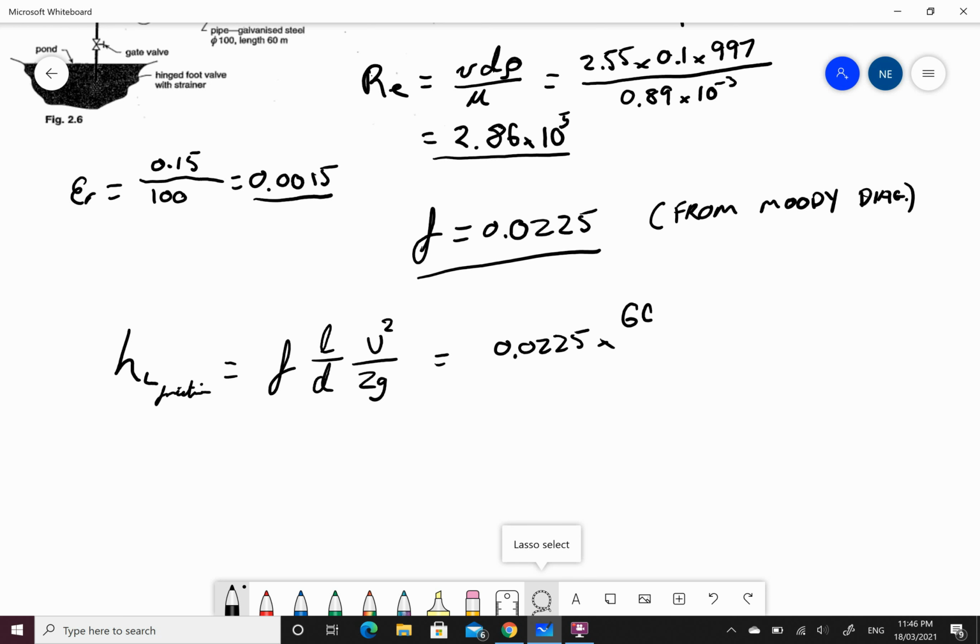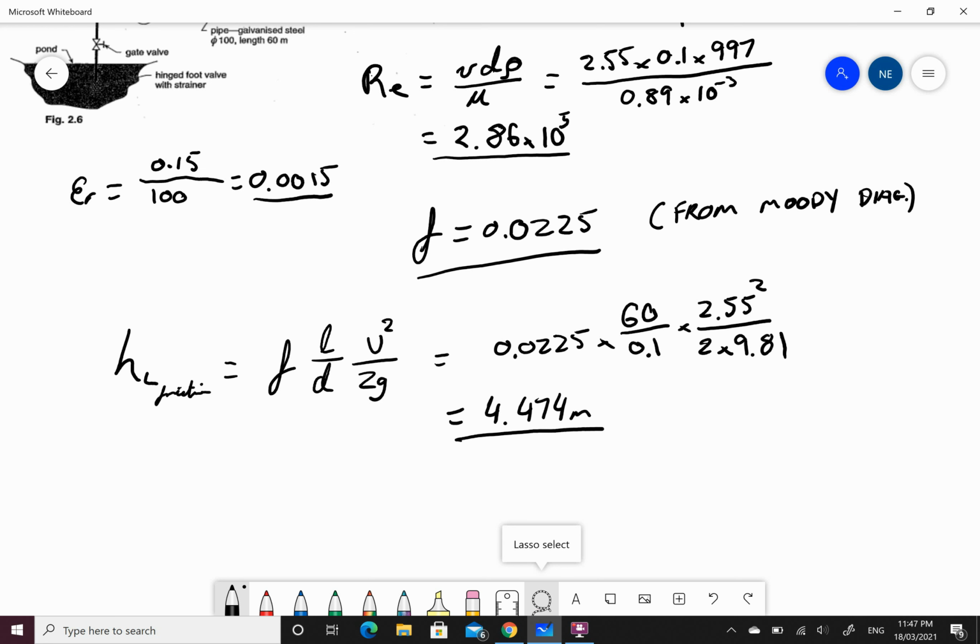The length, which was 60 meters, all over the diameter in meters, times my velocity, 2.55 squared, all divided by 2 times 9.81, which equals, let's punch that into a calculator: 0.0225, 60 divided by 0.1 times 2.55 squared divided by 19.81, and I have 4.474 meters. So that's my energy loss due to friction.